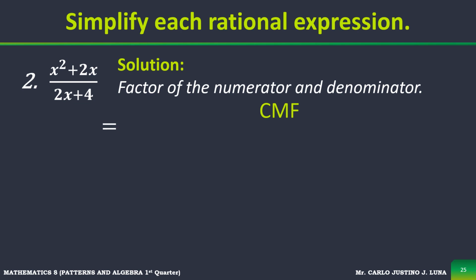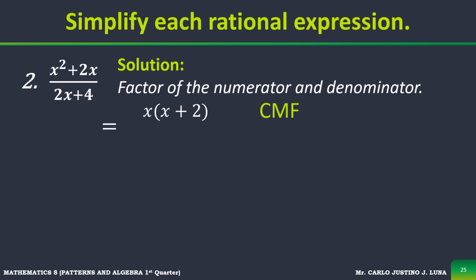Okay, and what is that? Okay, very good. Their common factor is x. So, ilalabas natin si x. Okay? Pagkatapos natin ilabas si x, magdi-divide tayo. I-divide mo yung numerator dun sa x. Okay? So, we will have now x, quantity x plus 2.